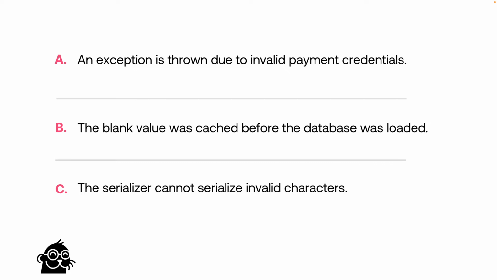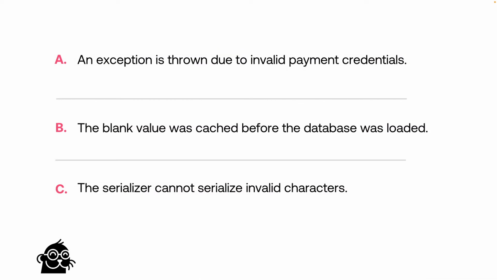Let's look at option number 2 here. So B is the blank value was cached before the database, or actually it should be the website, was loaded. Looking in the code here, I don't see anywhere that, we can see our HTML file, and we know that the checkout is not cached at all.